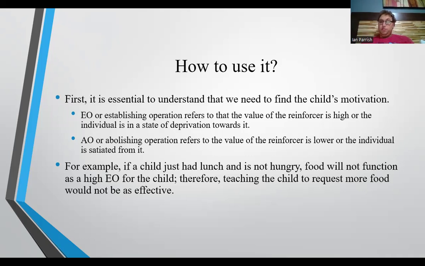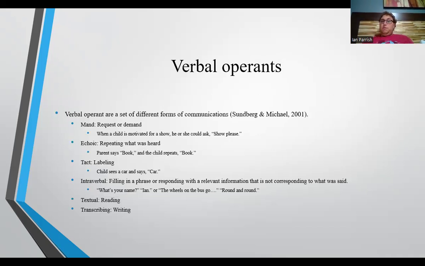It's no longer a reinforcer. So if we're teaching a child to request more food, that's not going to be as effective because it's not of high value. But if they were hungry, then it functions as an EO and they're motivated for something, and then you can use that motivation to teach them how to request food.